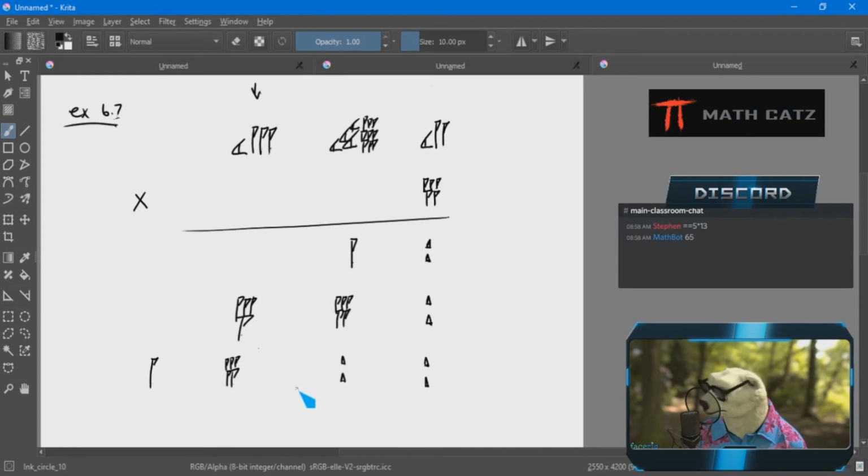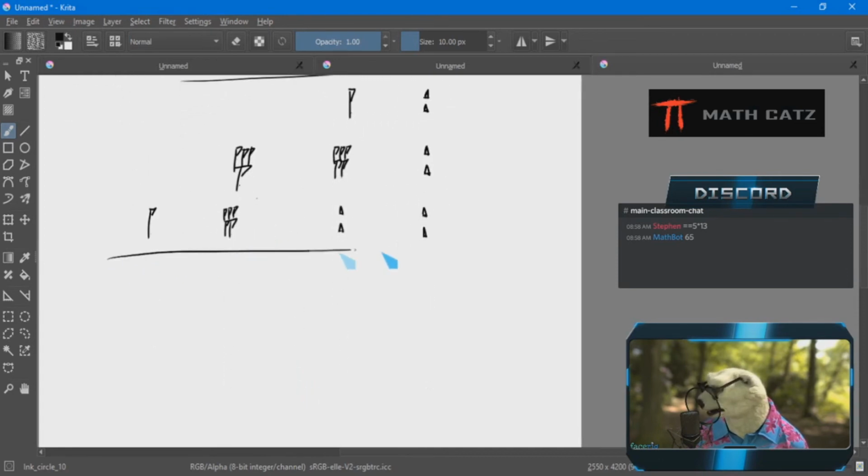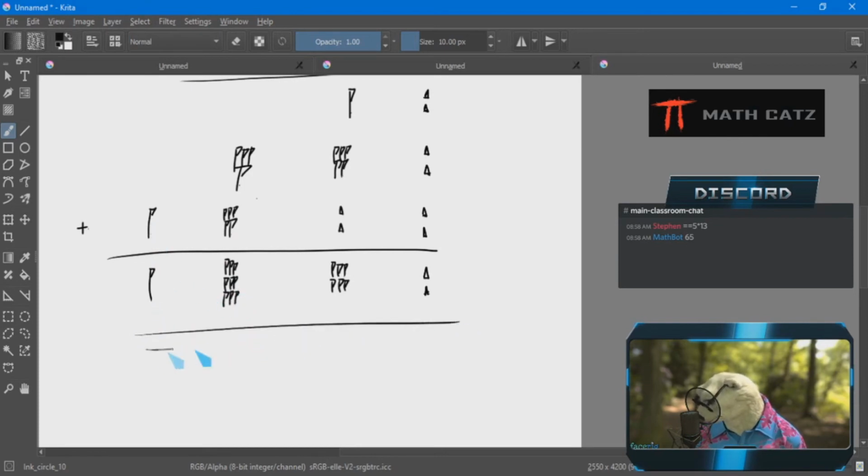Now I need some space because I'm going to add. I add the ones column, it is nothing. Then I have 1 and 5 will be 6. Then I go to the next column, and that is 4 plus 4 plus 5. That's 9. Let me draw my 9 ones. And another one here. And there we go.